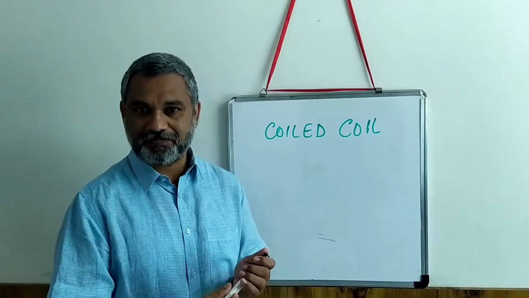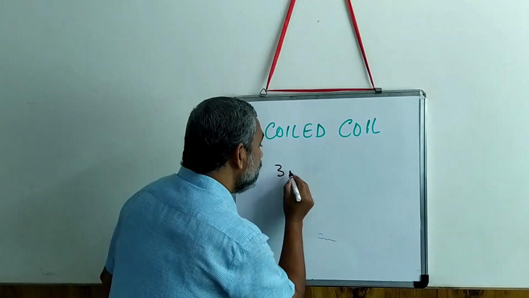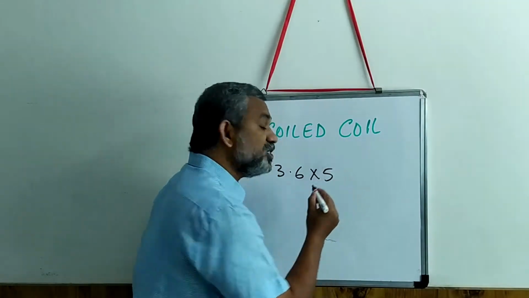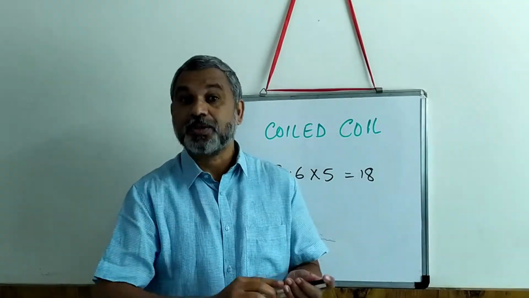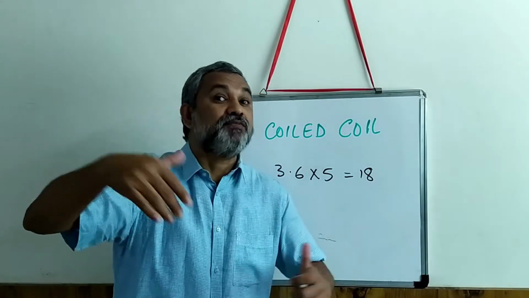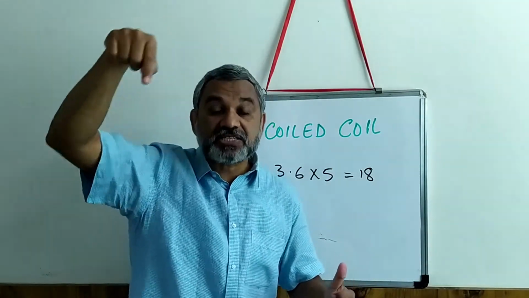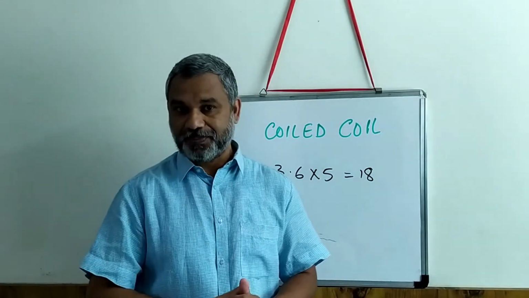So in order to get a full number, you need 5 such structures, which will make it 18 amino acids. So 18 amino acids will give you a full number, or you need 5 such ring structures in order to make full numbered rings.